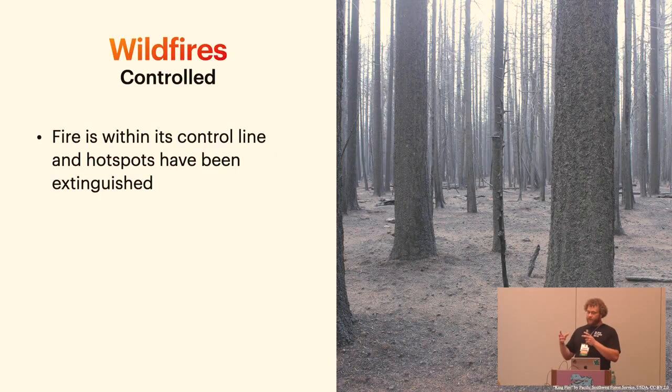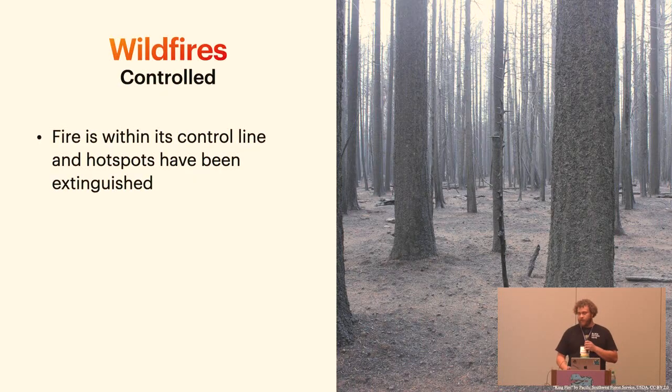So a fire is in that control line, that containment zone, but it also has no hot spots, right? They are confident this fire is not going to start back up. So a fire can be contained and you don't see any flames, but they still go around knocking out hot spots. I think that's the other big myth you see people talk about when they see fires on the news.